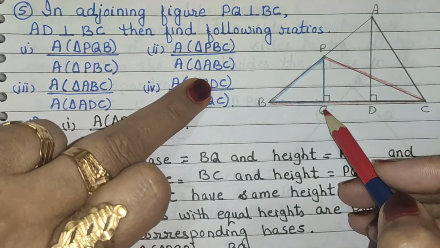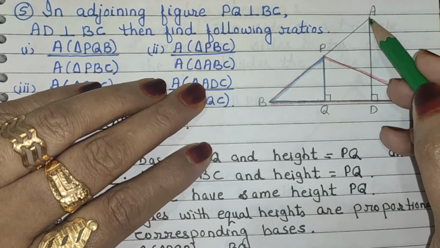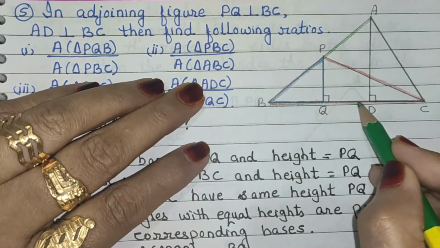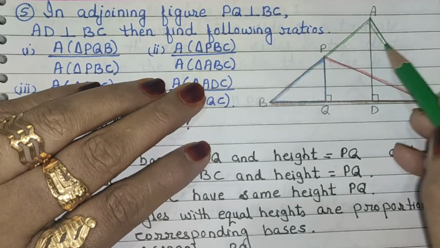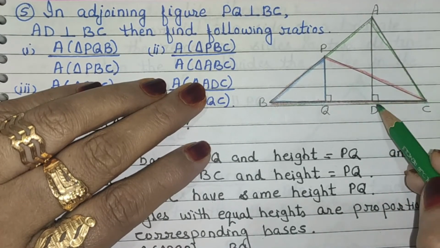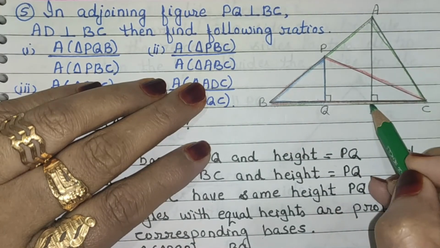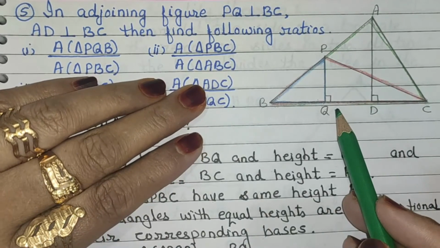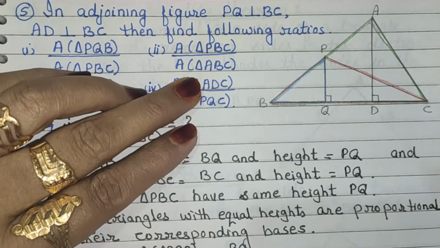Next triangle is ABC. Carefully look at the figure. Base is BC and the height is AD. Now both the triangles have the same base.